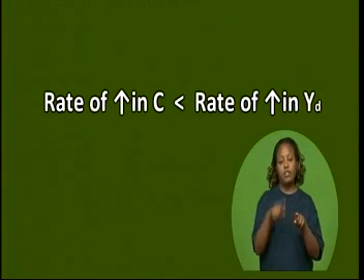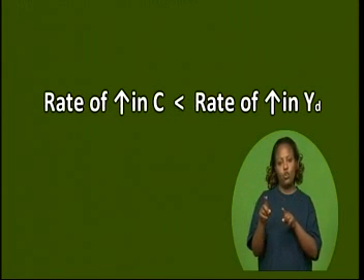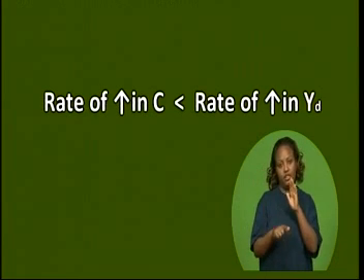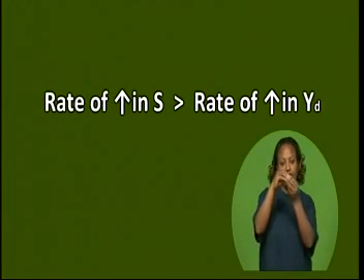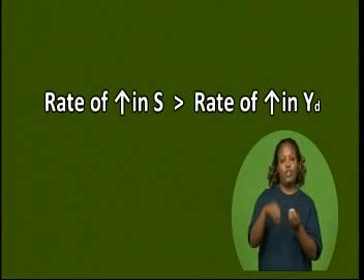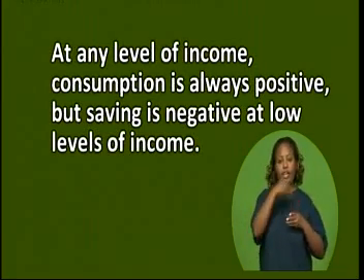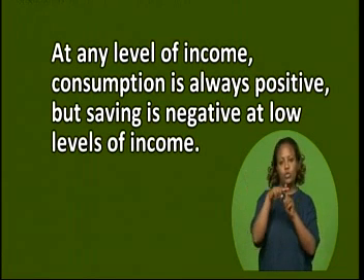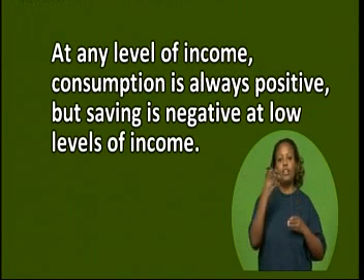When disposable income increases, both consumption and saving also increase, but at different rates, where the rate of increase in consumption is less than the rate of increase in income, but the rate of increase in savings is more than the rate of increase in income. Regardless of the level of income, even at zero level, consumption is always positive, but saving is negative at low levels of income.